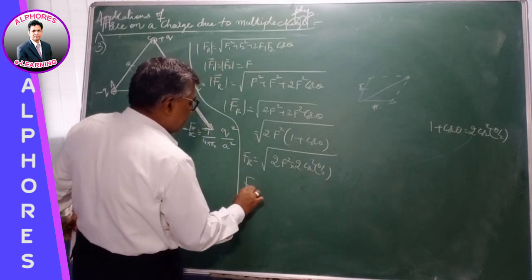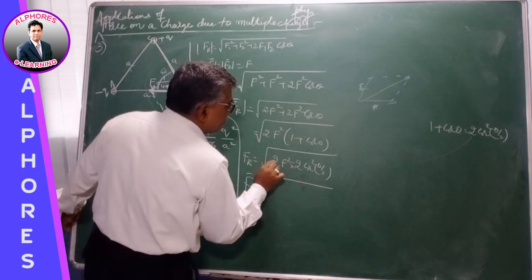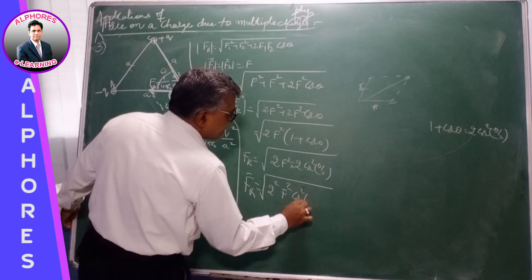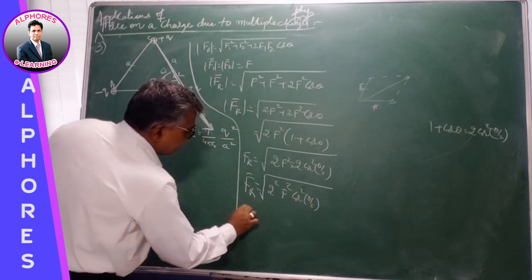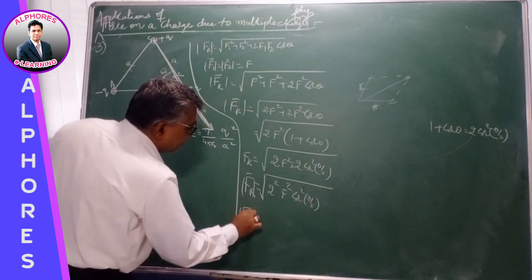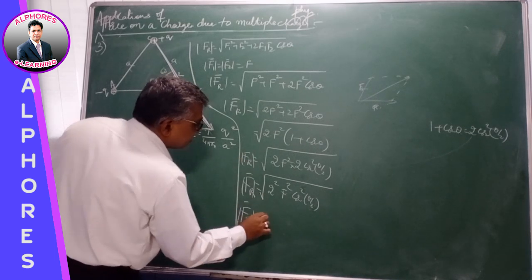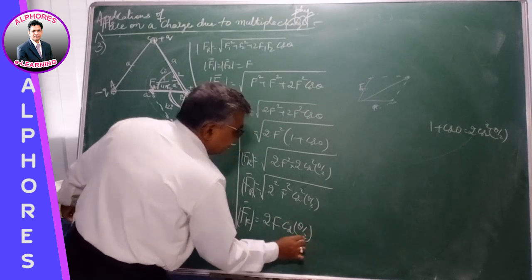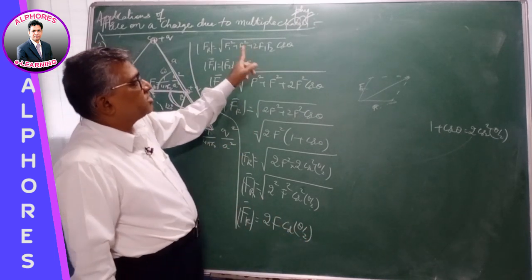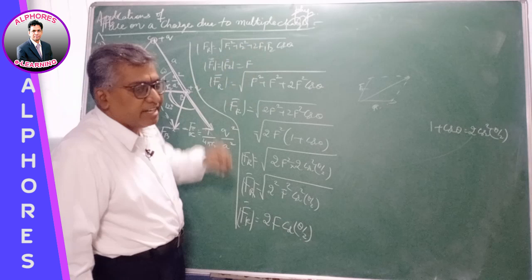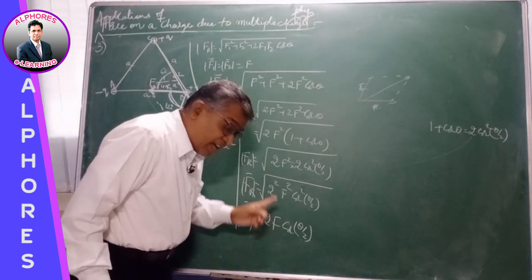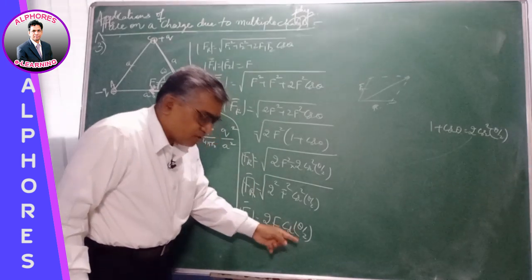So the magnitude of the resultant force is 2F cos theta by 2. That is, if there are two vectors of the same magnitude with the angle theta between them, then the magnitude of the resultant force is 2 times the magnitude of either of the vectors, any one, into cos theta by 2.